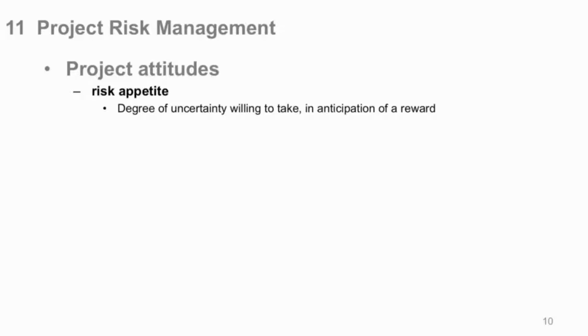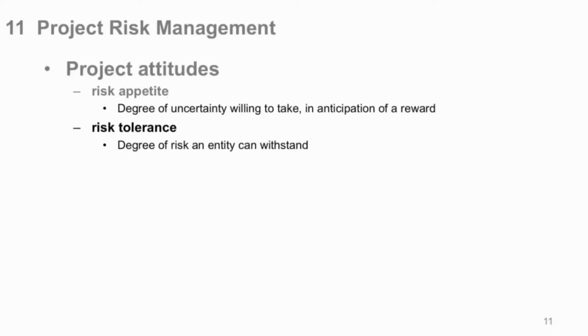So the risk appetite of, let's say, a stakeholder is the degree of uncertainty that they're willing to take in anticipation of getting a reward. I'm going to take this risk, and if I'm successful, I'll have this big reward. This project will be done, and I'll achieve something. But I take risk to do it. That's my appetite. I'll take a risk, provided I get something in the end for it.